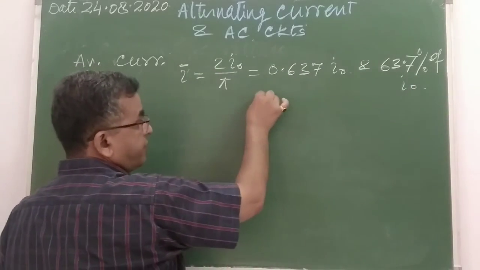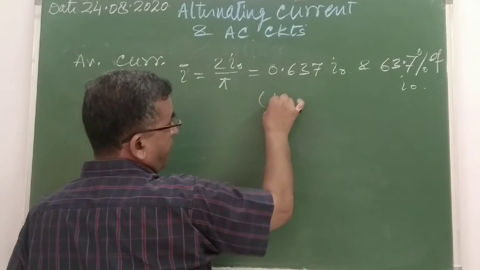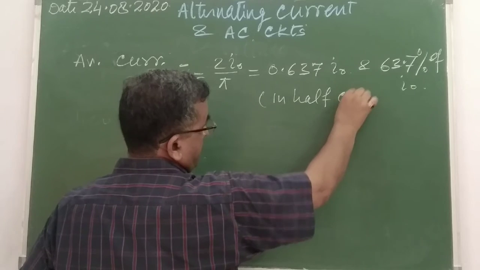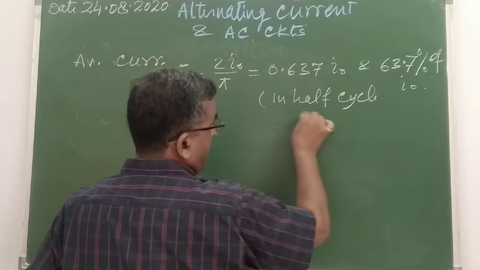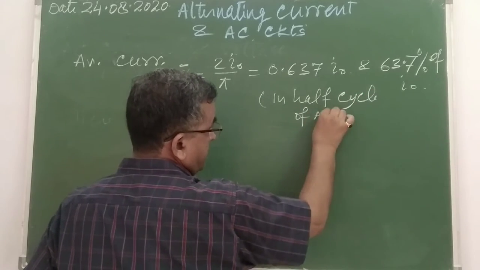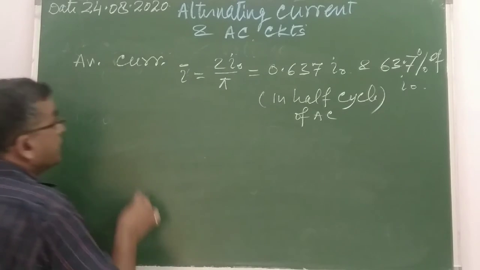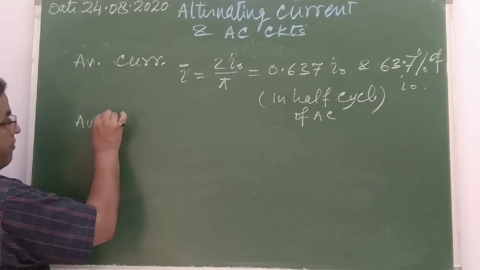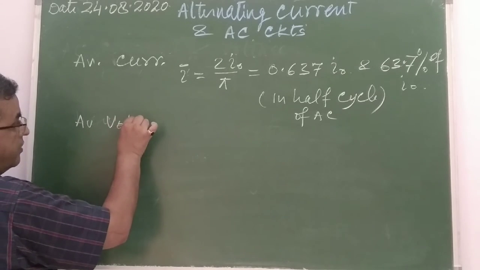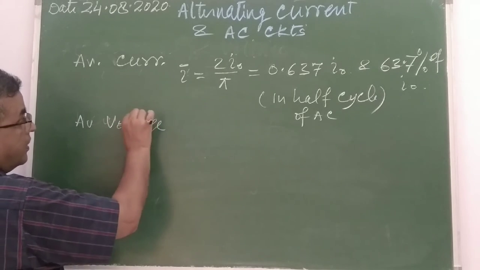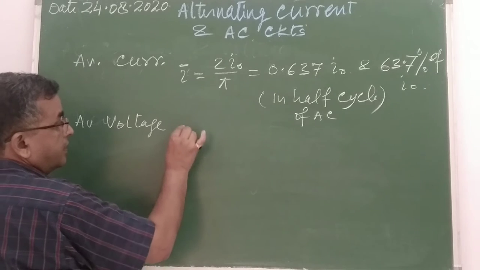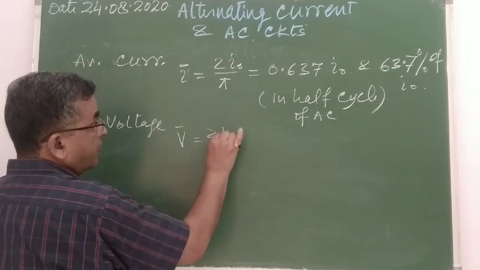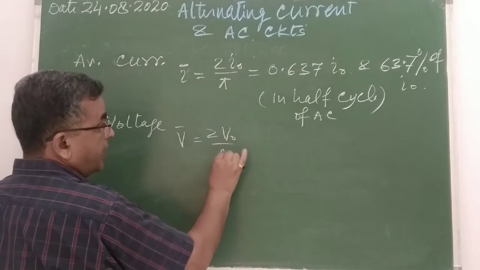It is in half cycle of AC. Similarly, the average value of AC voltage, V bar, equals 2 V0 upon pi.